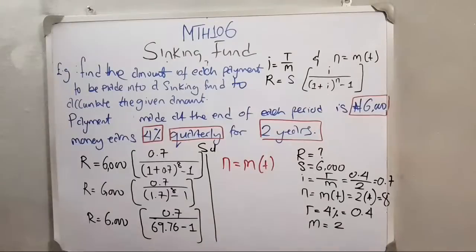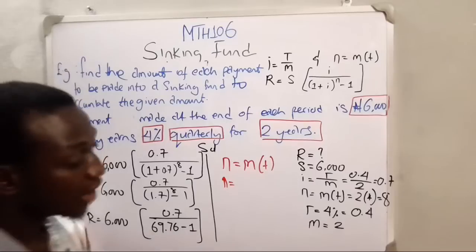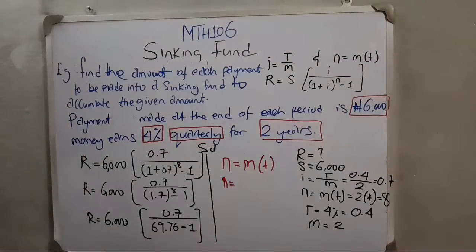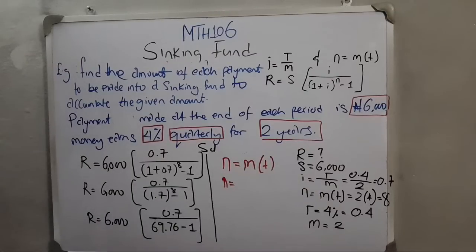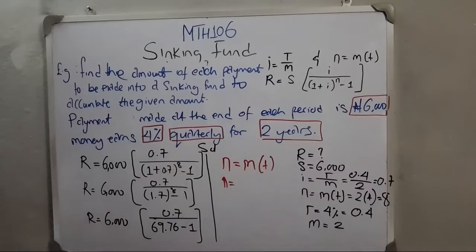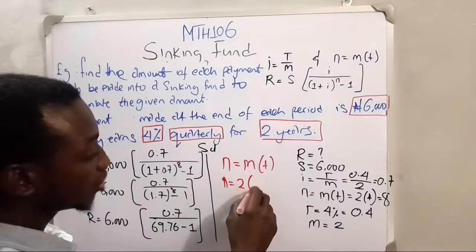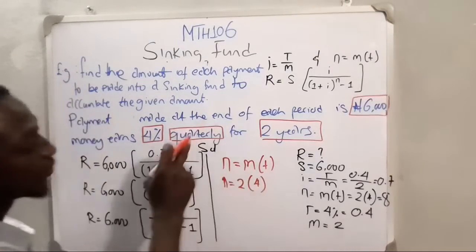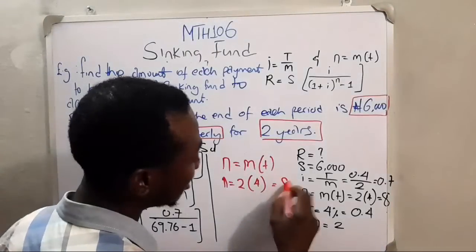We have our M, which is the 2 years, the time, by the period, quarterly. So that is 2 into bracket 4. Let's not forget quarterly is a year divided into 4. So we have our N as 8.